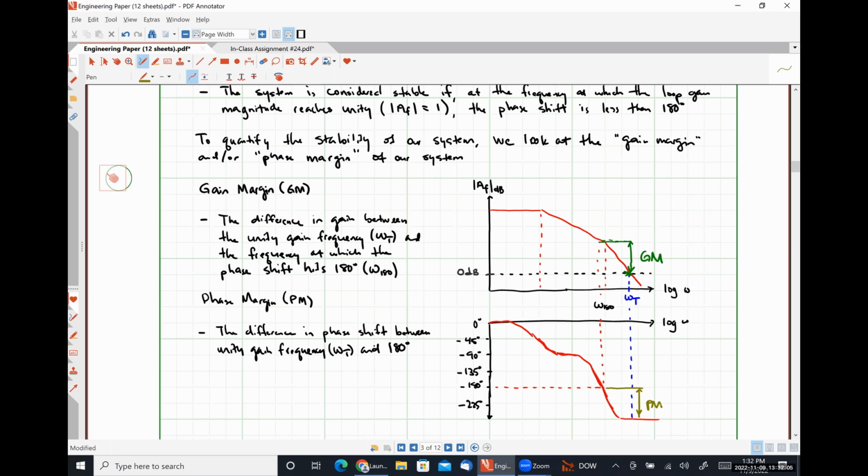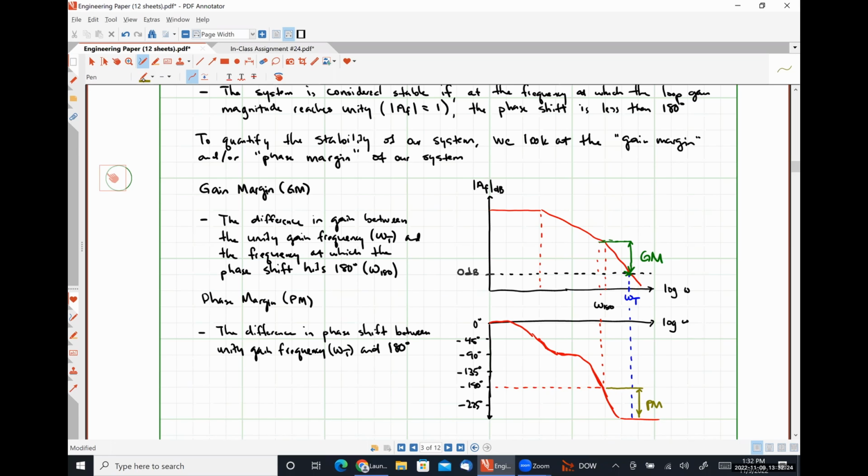How much greater than 1, measured in degrees for phase margin or decibels in gain margin, quantifies how stable our system is or how hard it is to push it to a point of instability.